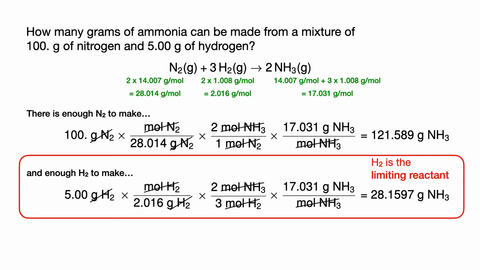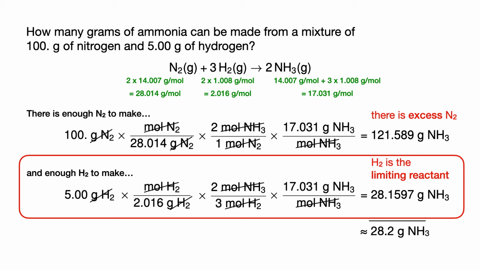And then conversely, we've got more than enough nitrogen to react with that hydrogen. And so we can say that there's excess nitrogen gas in this particular example. So the amount of the grams of ammonia that we could make from these starting materials is going to be determined. It's going to be limited by the hydrogen, and we want to round that off to an appropriate precision.